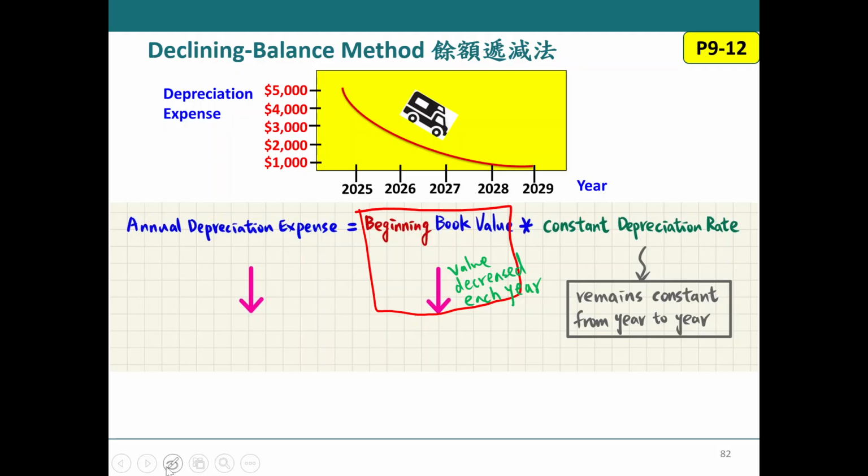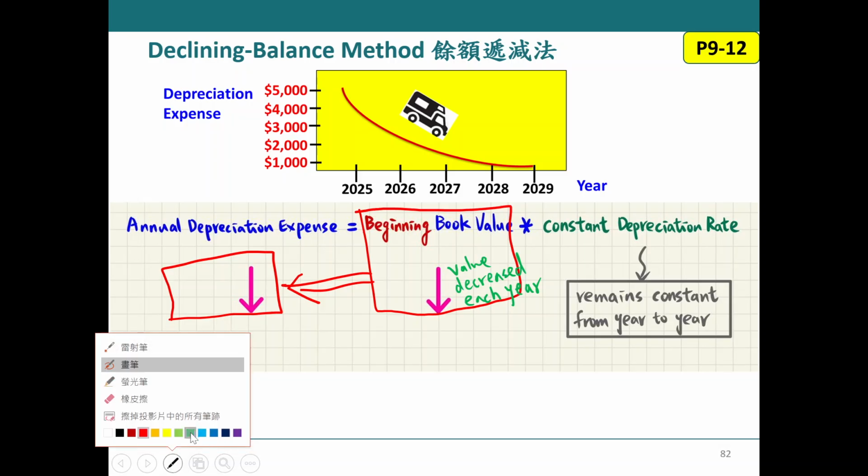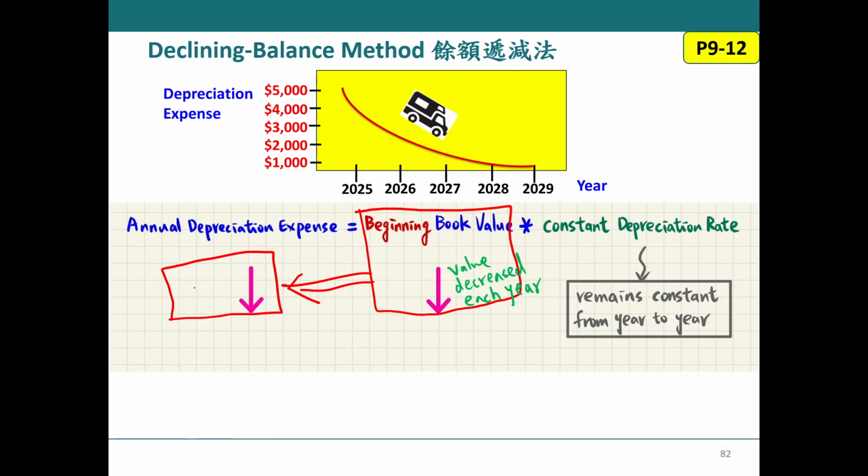Based on that number, then we will get this amount also decreasing each year. Okay.